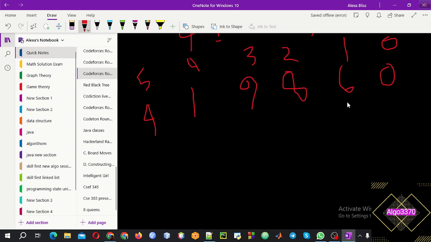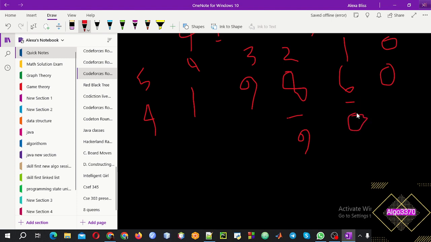So if we pick 6 as the k, then we cannot increase it because 0 is not greater than or equal to 5. But if we pick 8 as the k, then we can increase it to 9 according to the perspective of 6, because this is greater than or equal to 5.